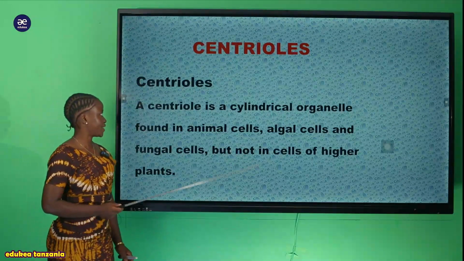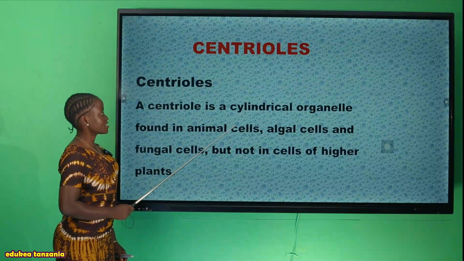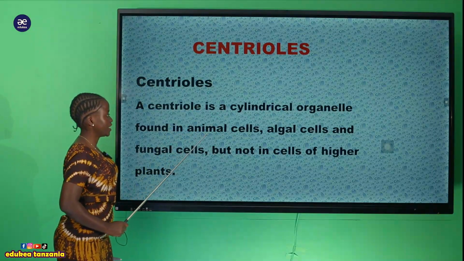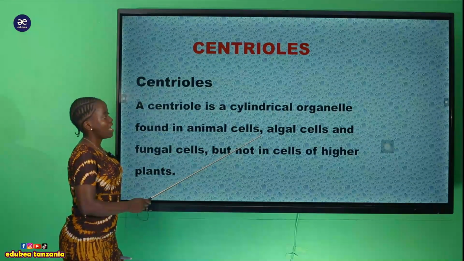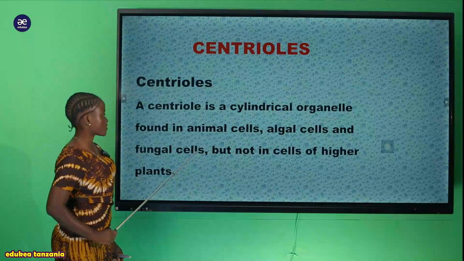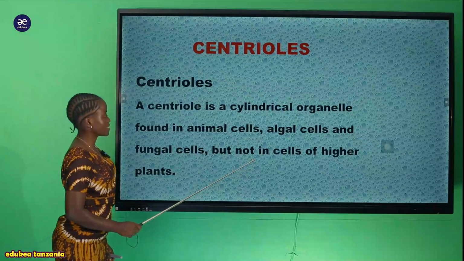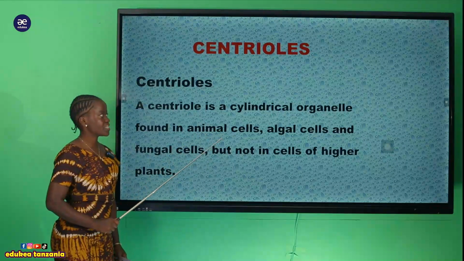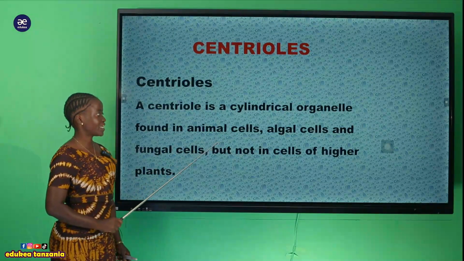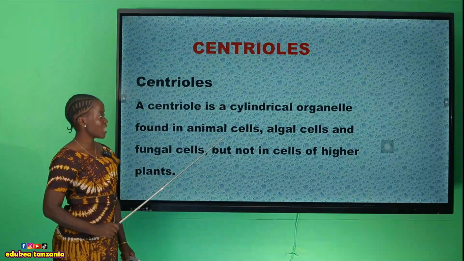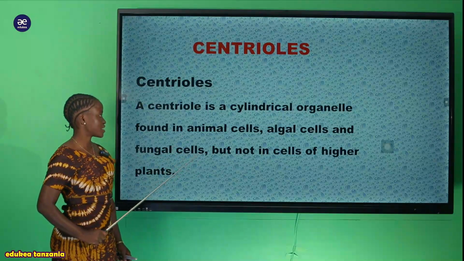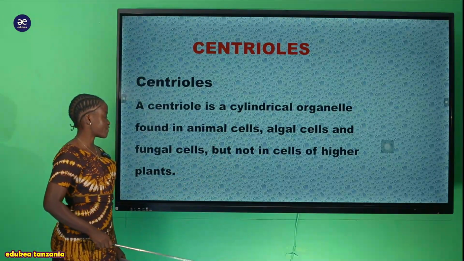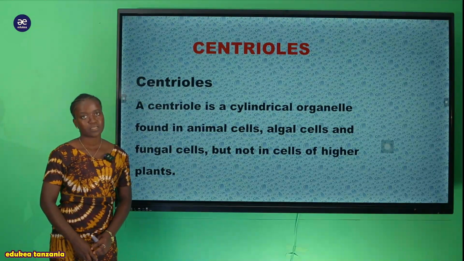So simply here we can say that the centriole is a cylindrical organelle found in animal cells, algal cells, and fungal cells, but not in the cells of higher plants.